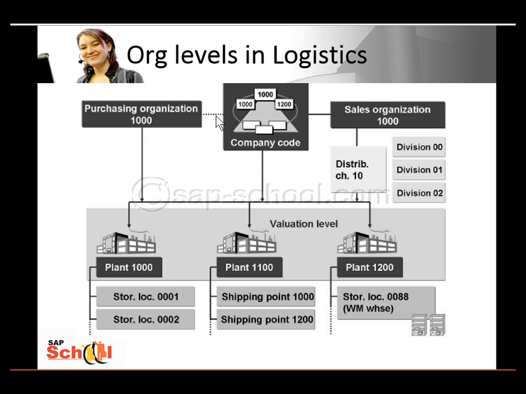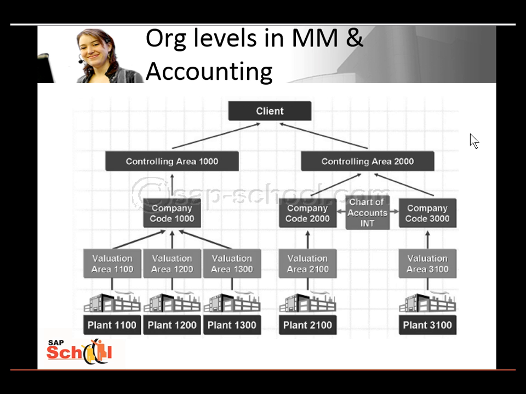And that is why you have a dotted line here. In contrast, sales organizations can be responsible for one or more plants and must always be assigned to one company code. The valuation level can be a single plant, or it can encompass all the plants of a company code.